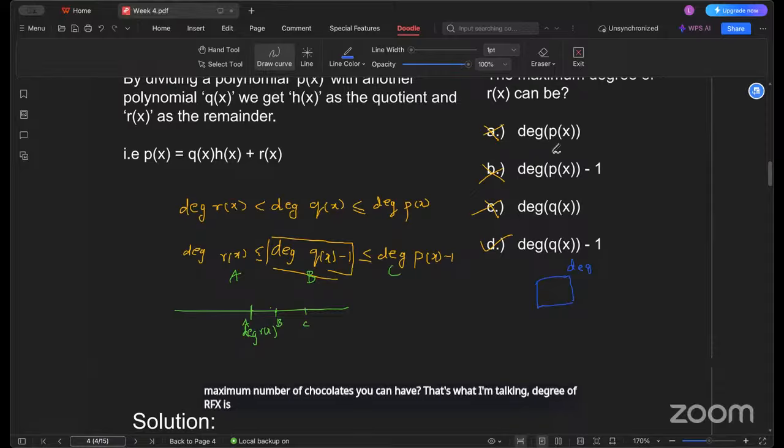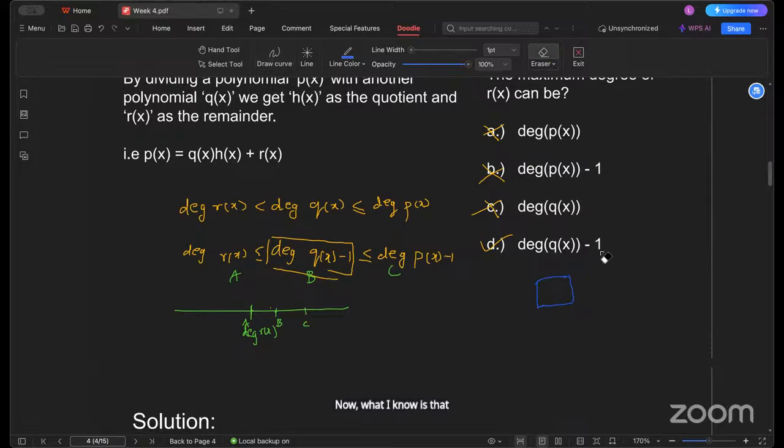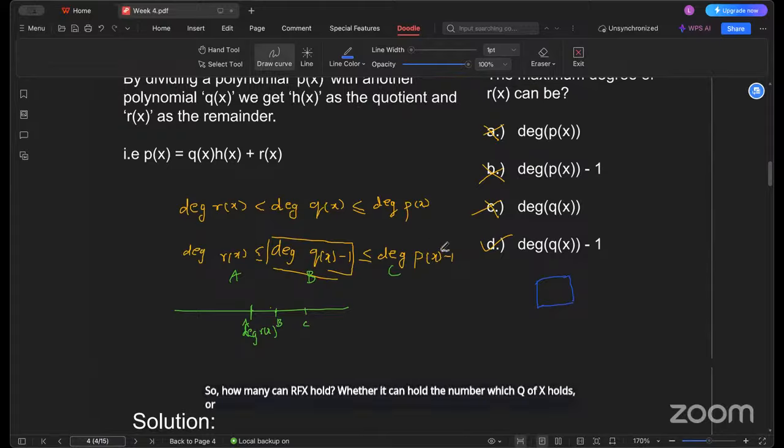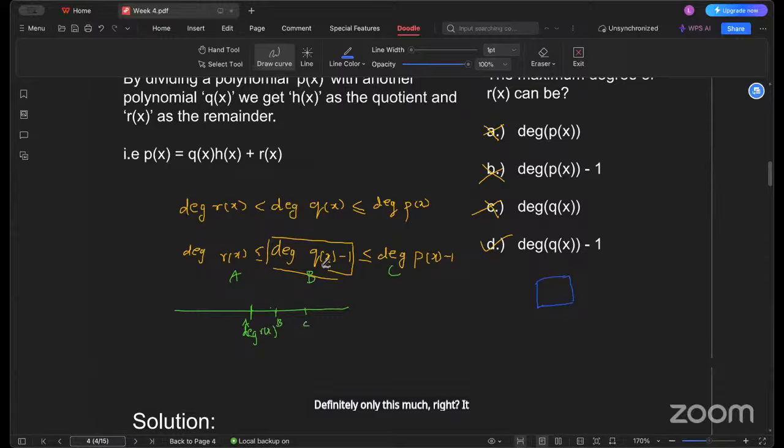Now, what I know is that the number of chocolates which Q of x has is always less than or equal to the number which P of x can have. So how many can R of x hold? Whether it can hold the number which Q of x holds or P of x holds, which one can it hold at maximum? Definitely only this much. It cannot hold more than this.